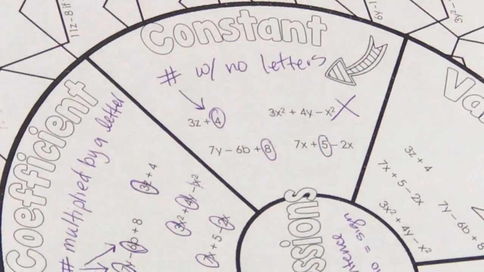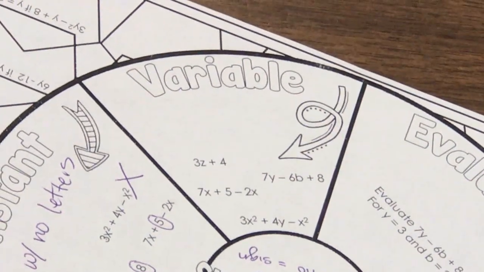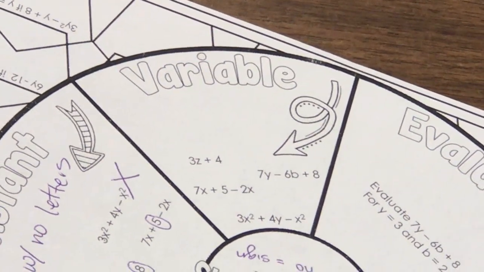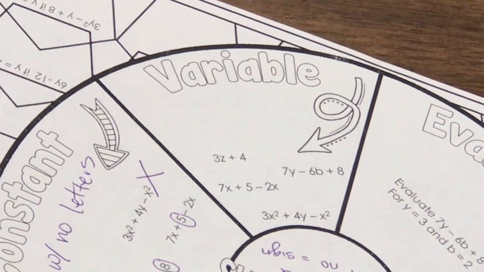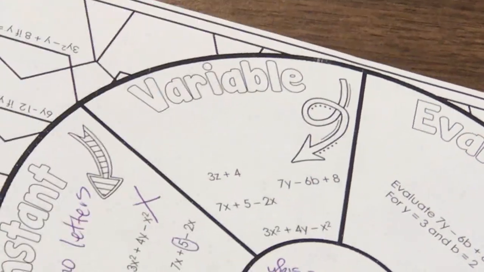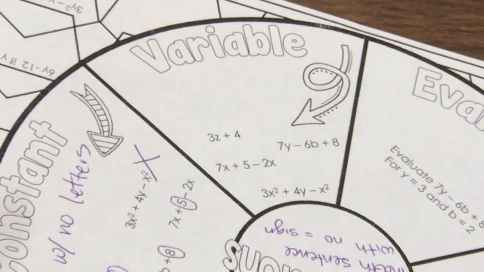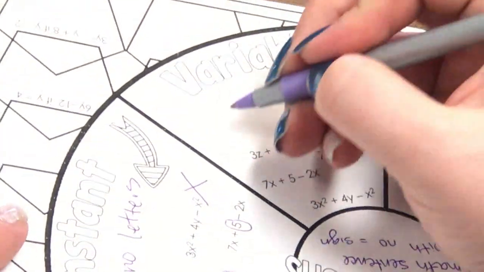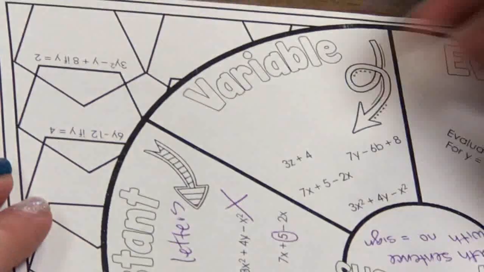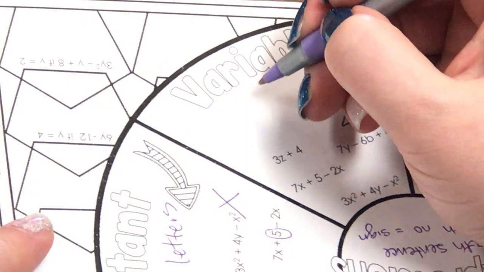Okay. A variable is your letter. A letter is something that can change. I like to think about it like a party. Okay. Let me put a definition for variable.